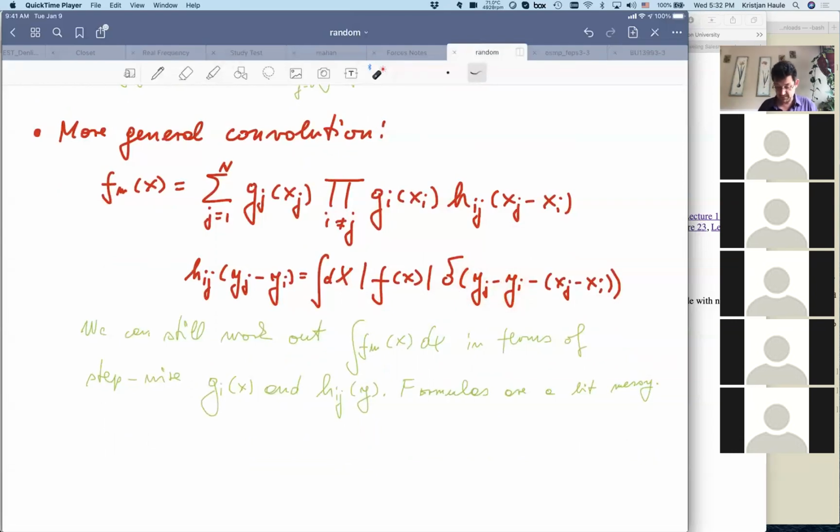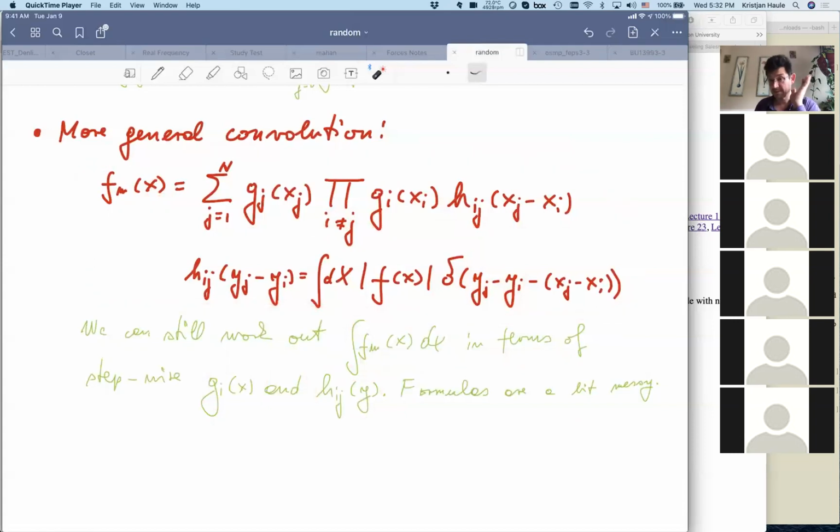So the important point is that if the function has this ansatz, which looks a bit more complicated, we can still work out the integral of this function f_n(x) dx in terms of the stepwise g_i(x) and stepwise h_ij. So the formulas that you need to work out for such a function are slightly more messy, but are doable.